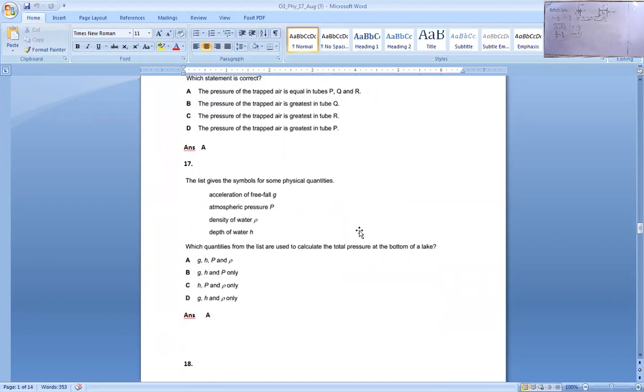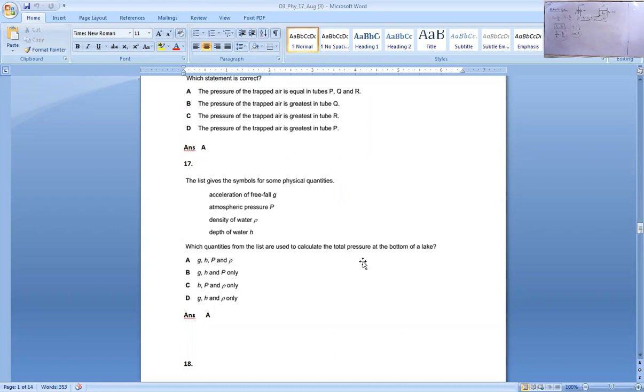Number 17, the list gives the symbols for some physical quantities: acceleration of free fall g, atmospheric pressure, density of water, depth of water. Which quantities from the list are used to calculate the total pressure at the bottom of the lake? The word used is total pressure. It's not just the pressure due to water.